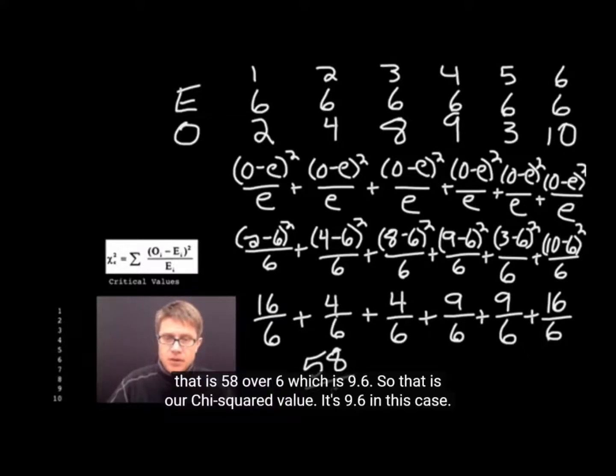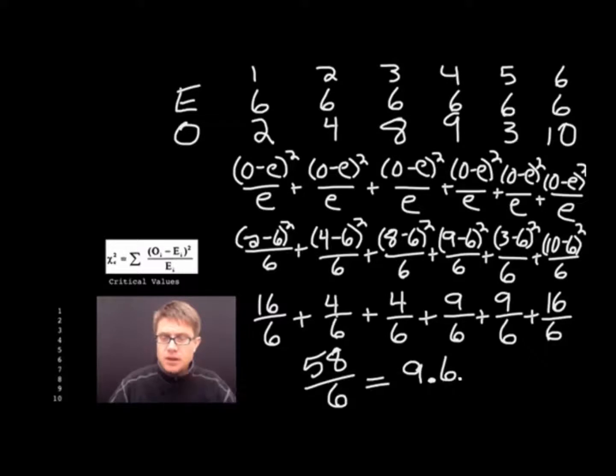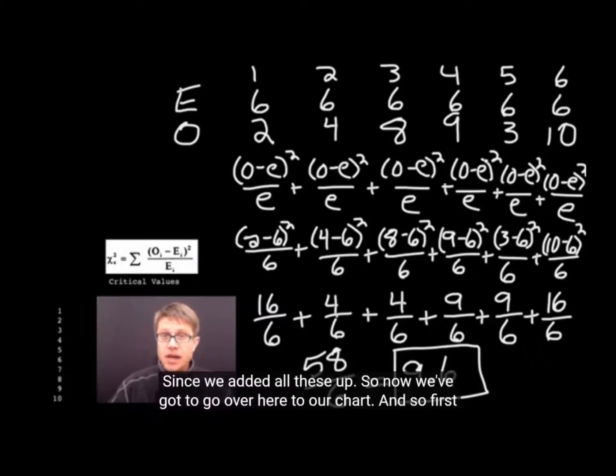So that is 58 over 6, which is 9.6. So our chi-squared value is 9.6 in this case, since we added all these up.